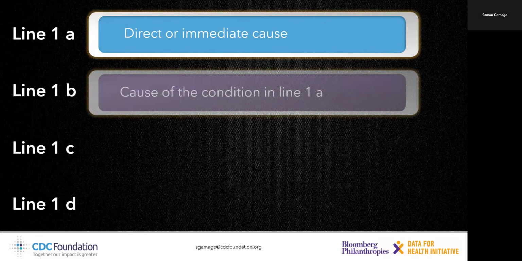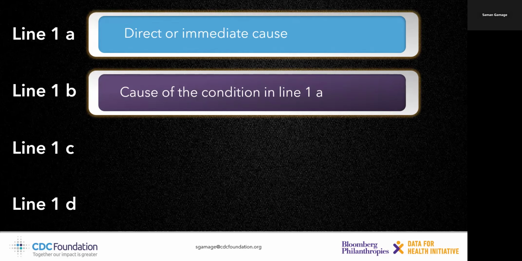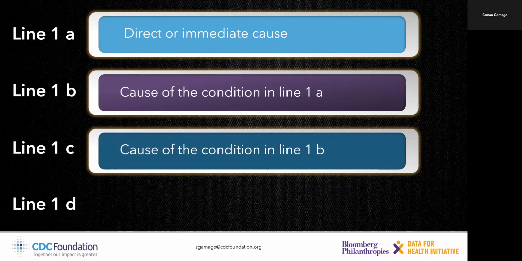If the condition reported on line 1A is caused by another condition, the cause of the condition in line 1A is reported in line 1B. If the condition on line 1B is caused by another condition, this condition should be reported in line 1C.